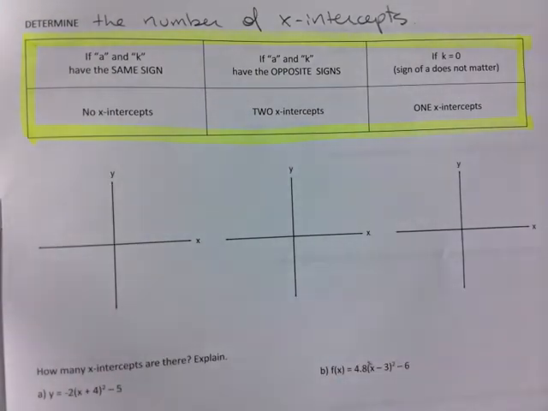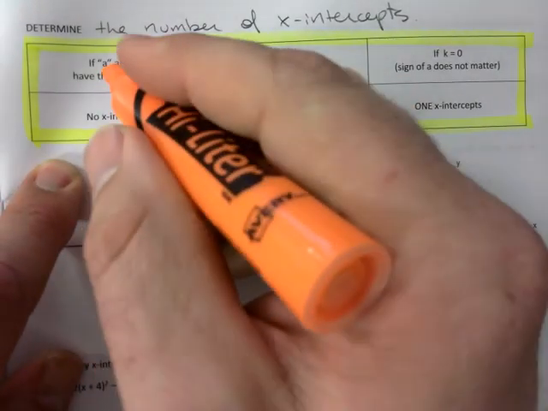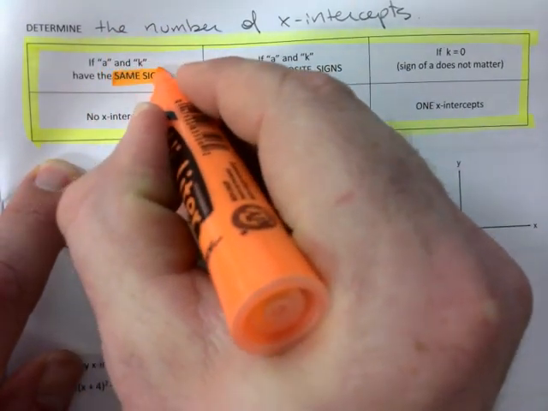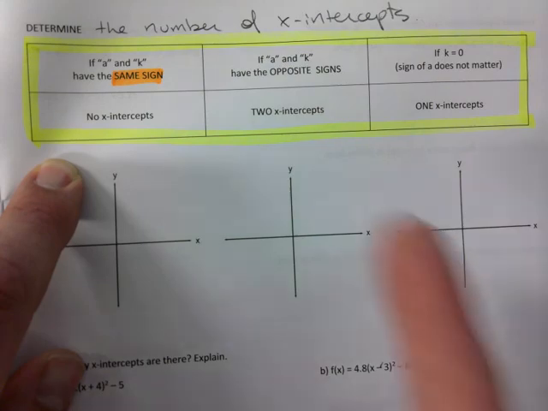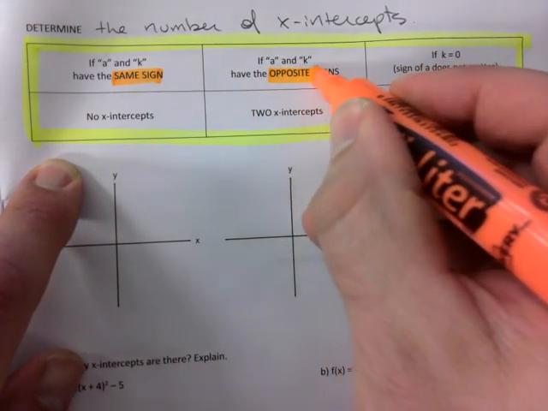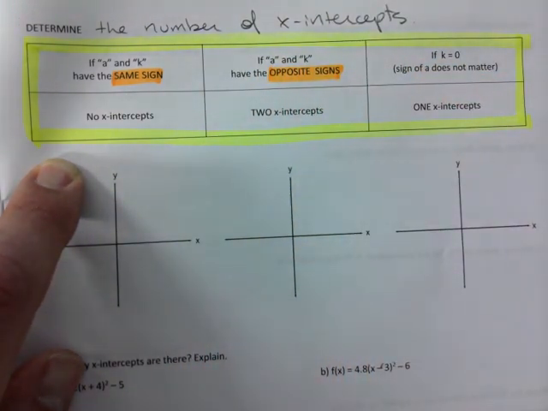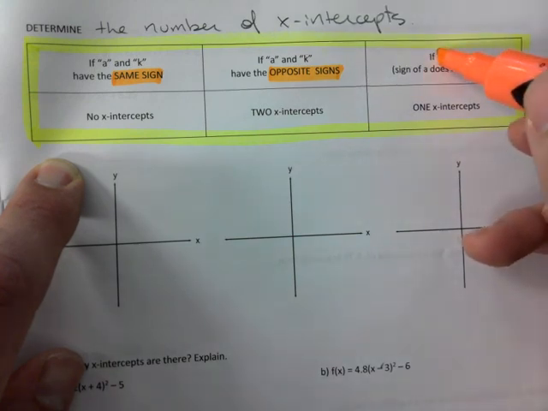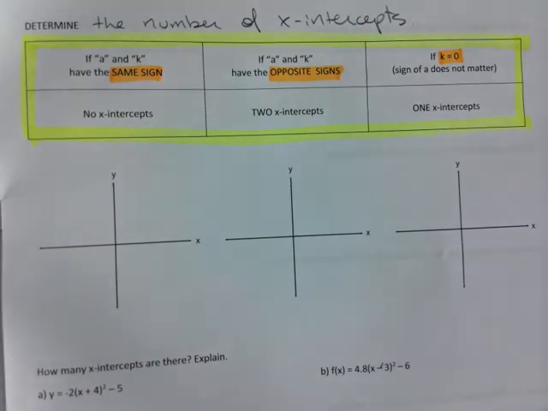But watch this. If a and k have the same sign, right? It's always about a and k, by the way. So if we have the same sign, something will happen. If a and k have opposite signs, something will happen, right? And if k is equal to 0, then you have another scenario going on there.